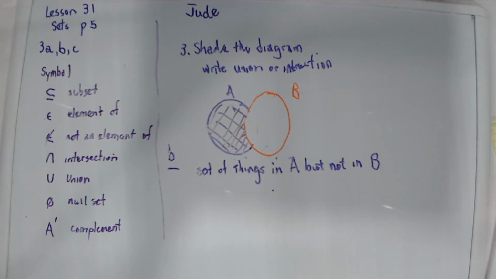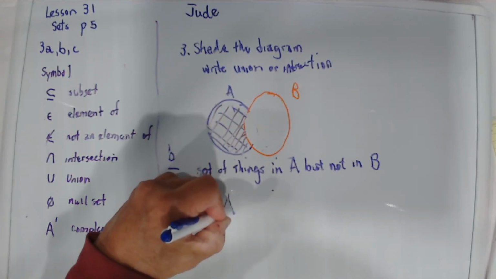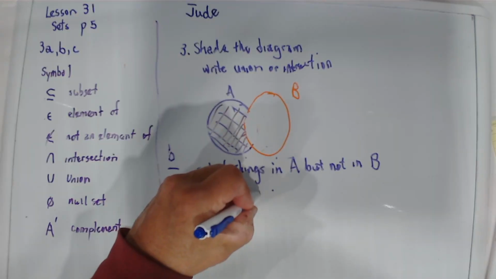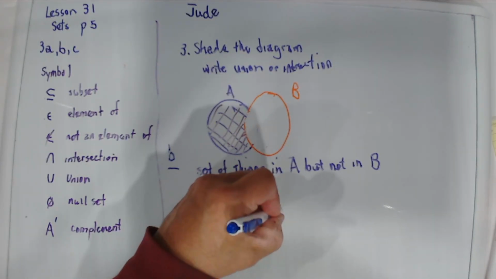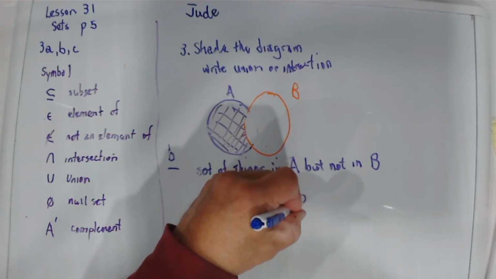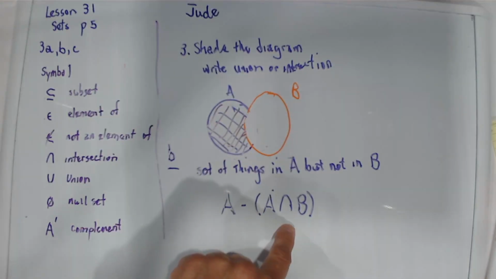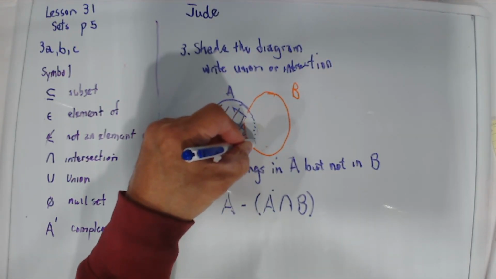Right? So we could write it like this. We could just say it's the set A minus A intersection B. Because we've got A, and we're subtracting the intersection, and the intersection was this part right here.